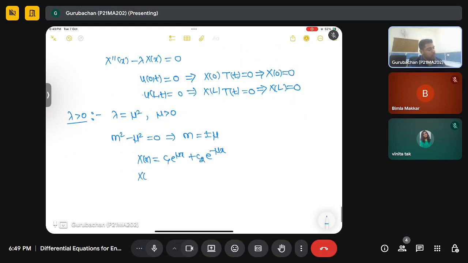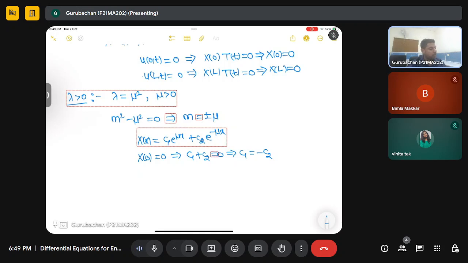So X(0) is 0 will imply c1 plus c2 is 0, and c2 is minus of c1. That will be more convenient.